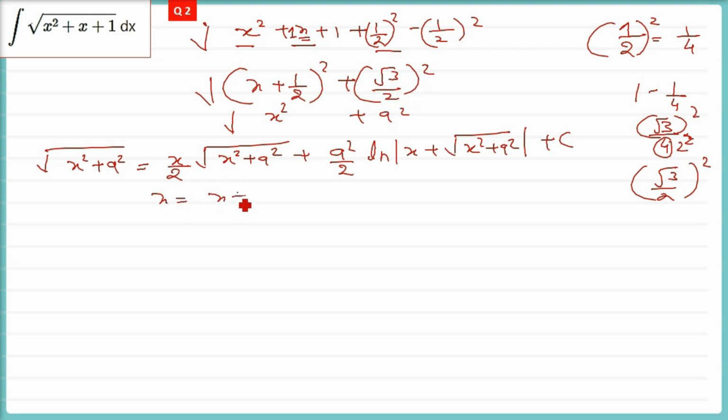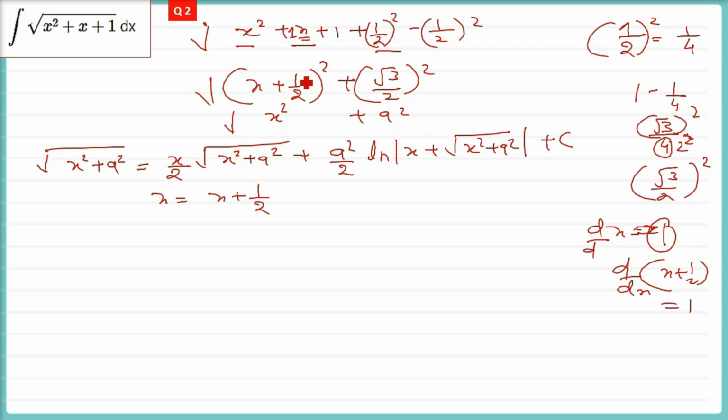X we will take as x plus half, x plus 1 by 2. See why this x can be taken as x plus half? Because when you differentiate x and when you differentiate x plus half, it's going to be the same. It will give you the result as 1. That is why we can take x as x plus half. Because most of you will ask the question that the formula is of under root x square plus a square.